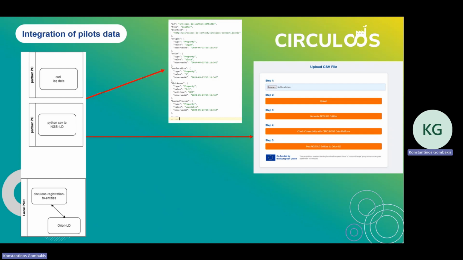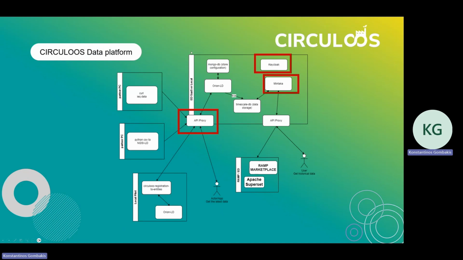And with this CSV file, you can generate this kind of NGSI-LD JSON files to be sent to the platform. This is how you can do it if you don't want to implement your own platform, so if you don't want to have a copy of this platform in your premises.